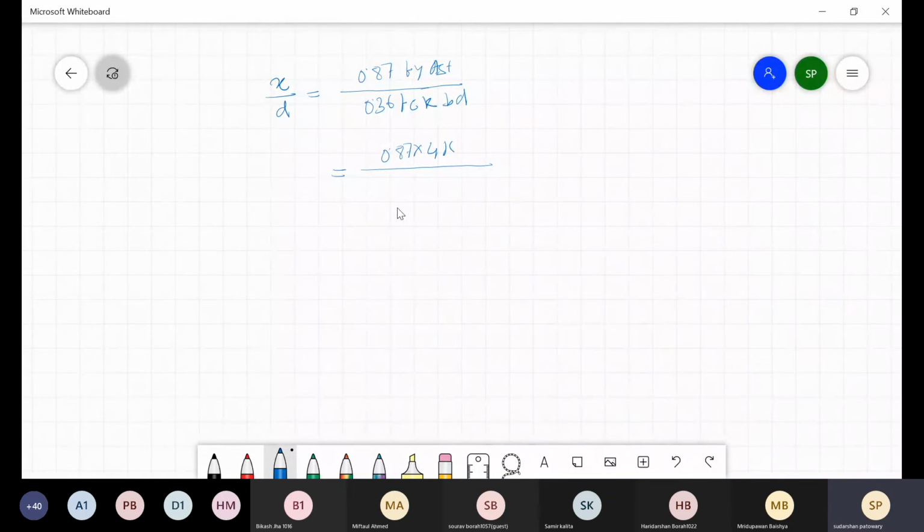0.87 fy, 415, Ast is 3 into 16 squared by 4, divided by 0.36, fck is how much? 20. b is how much?